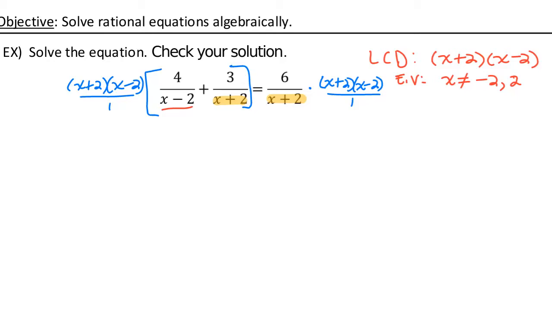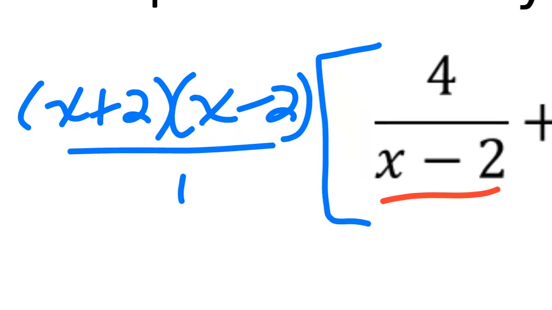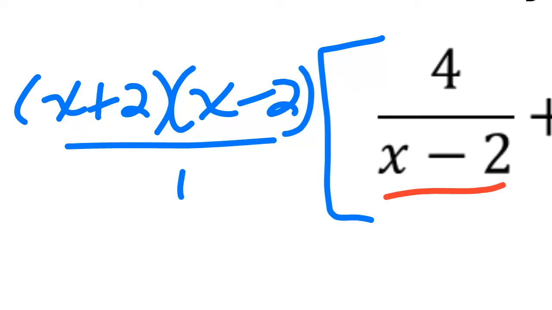All right, then when you multiply, the whole point of multiplying is to get rid of the denominators. So if I look at just this part here, I'm going to ignore the other side of the fraction. After the plus, I'm going to ignore that. If I do this here, what's going to cancel in my denominator? I get x minus 2. So this is going to go away with this x minus 2.